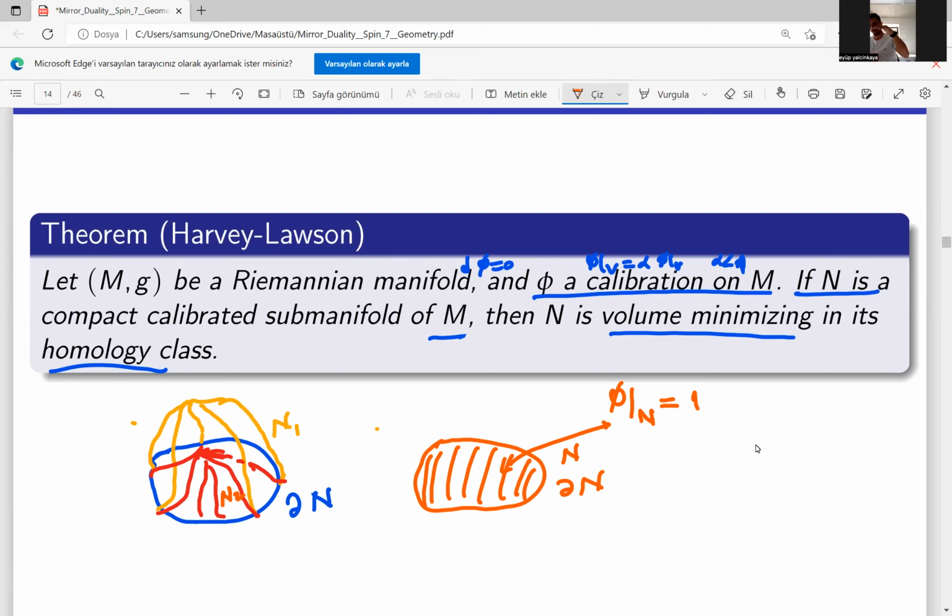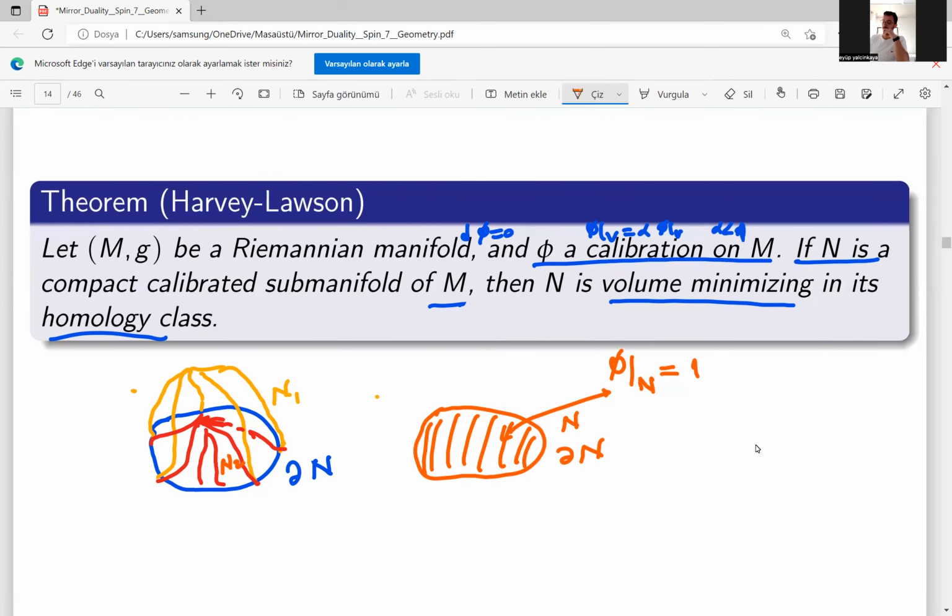I mean, it's enlarge or shrink, larger or different elements. The same homology class means you can change the element without any hole, without any pinching, but the theorem says that at these points, N, if calibrated submanifold, has to be volume minimizing.